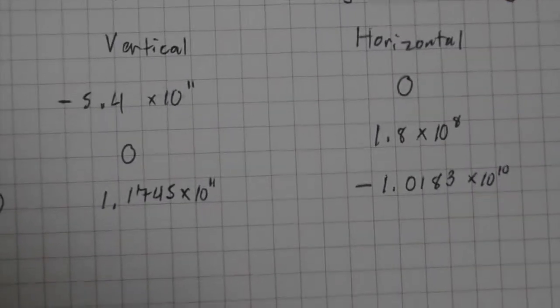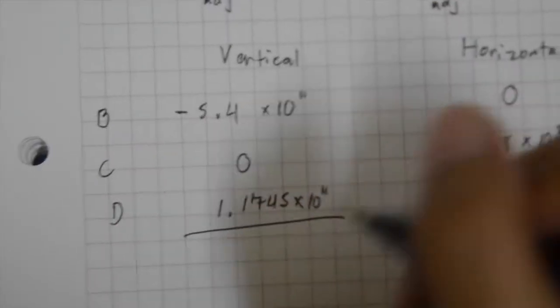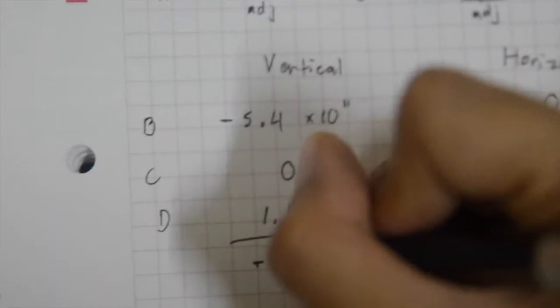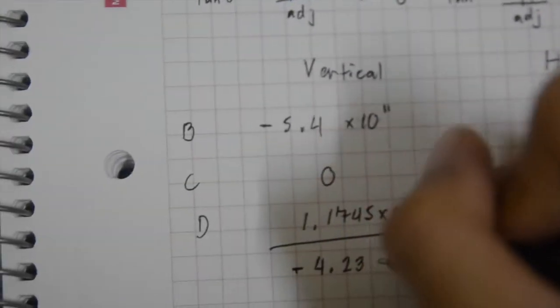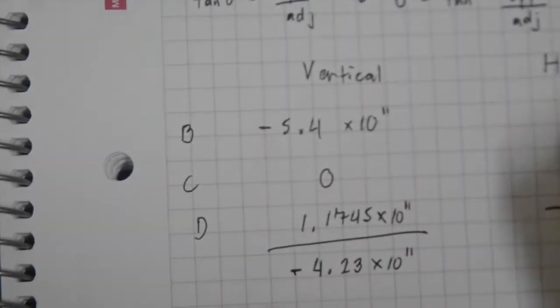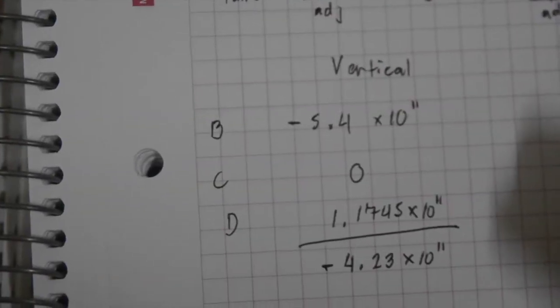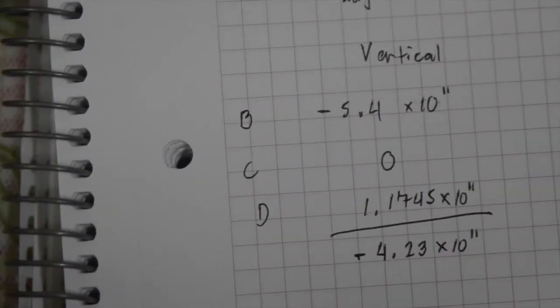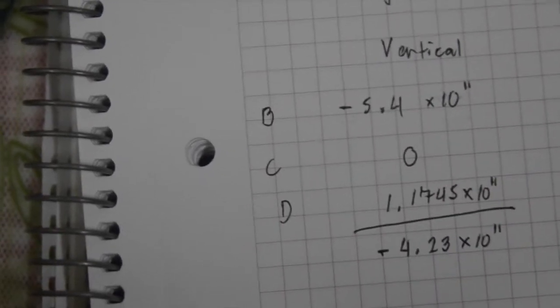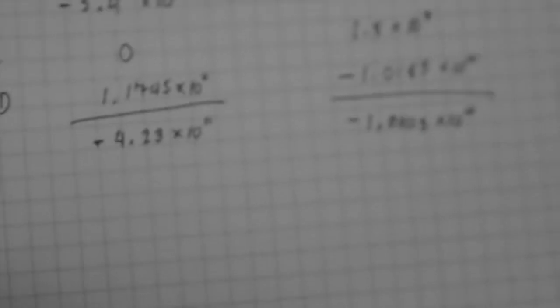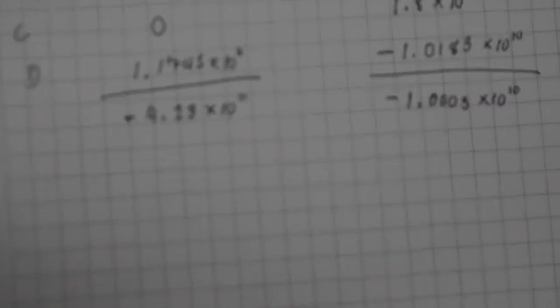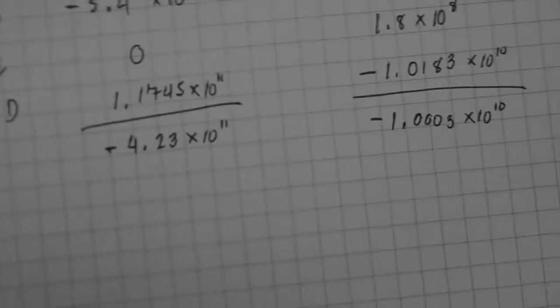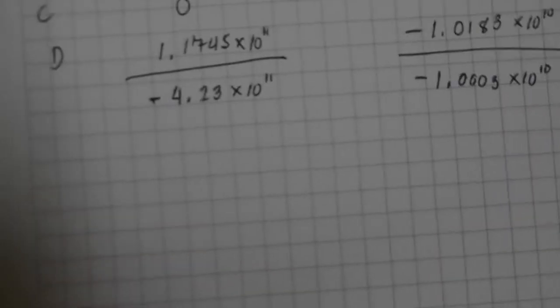Combining all these forces, we will get an answer of negative 4.23 times 10 to the 11th for the vertical, and for the horizontal we have negative 1.0003 times 10 to the 10th. Now we will look for the angle of this diagonal line.